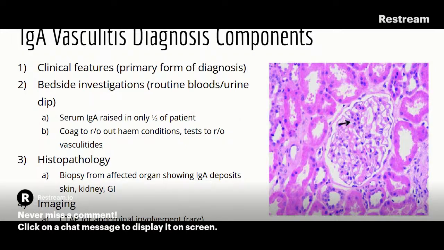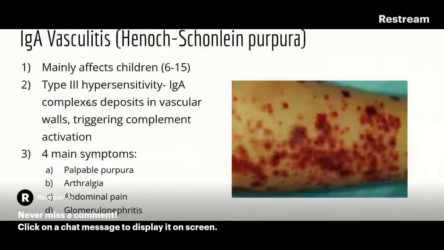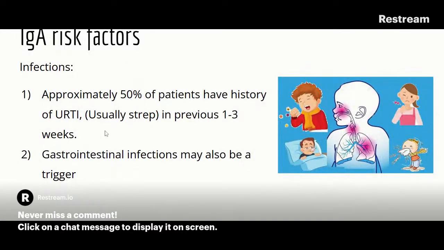Giving them a lot of radiation is not really in their best interests, unless it will guide management significantly. But it is primarily going to be clinical. It is based on purpura, abdominal pain, glomerulonephritis, and usually this history. From an exam standpoint, I would be very surprised if something different came up.